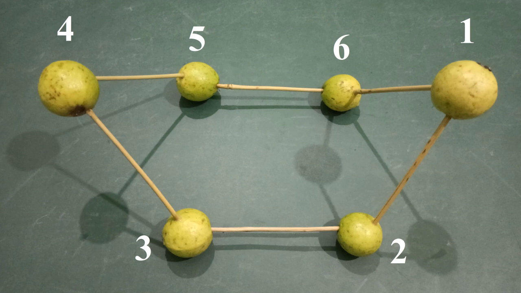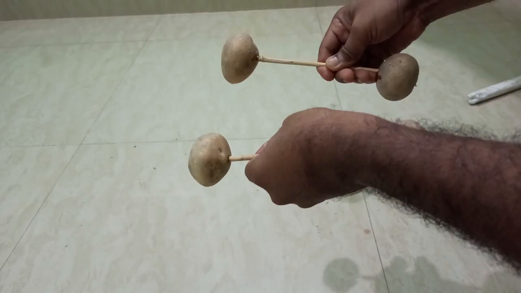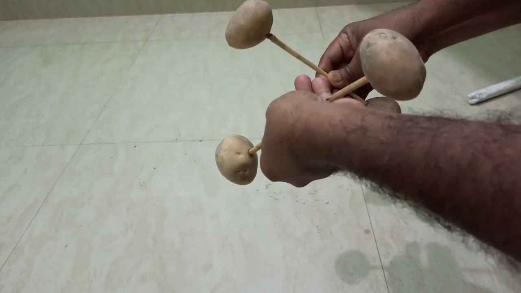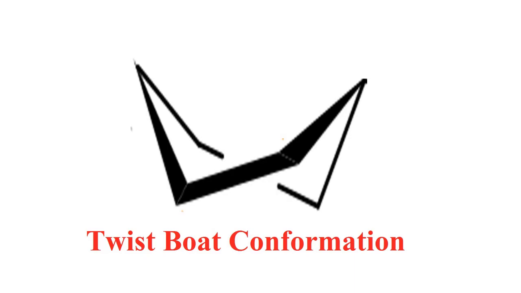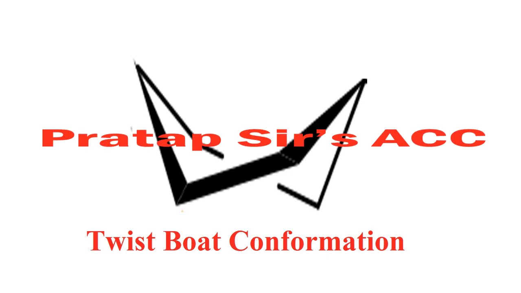The carbon atoms are numbered in this way: 1, 2, 3, 4, 5, 6. Hold the bond joining carbon number 2 and 3 in one hand and hold the bond joining carbon number 5 and 6 in the other hand, and then twist this bond the way I am showing. That will result in the twist conformation of the cyclohexane.